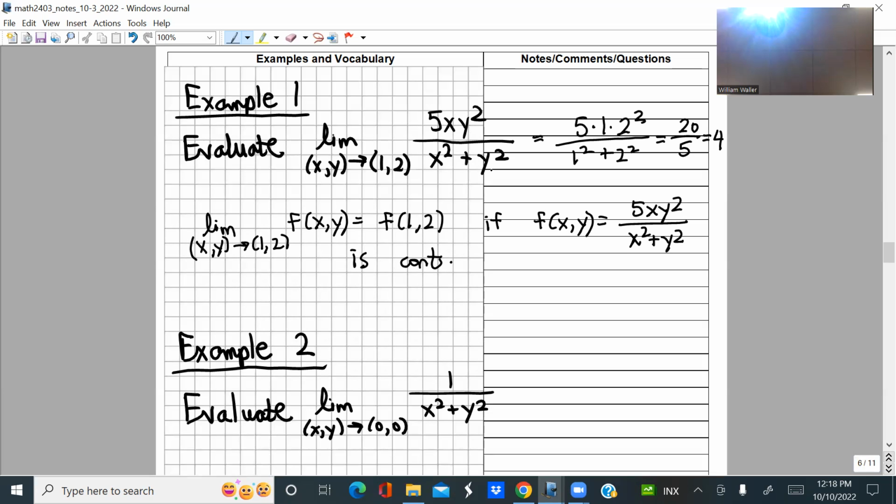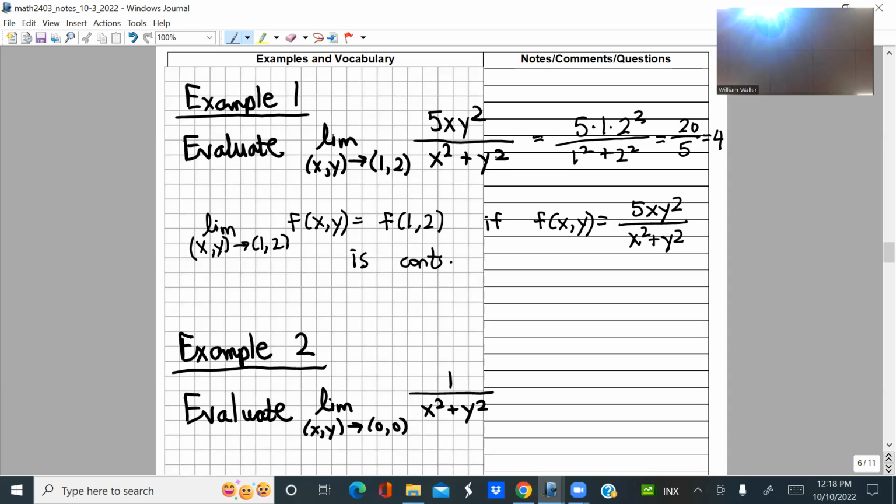We know from theory that rational functions are continuous everywhere in their domain, so be careful about the domain. Polynomials are also continuous everywhere in their domain. So if you have a polynomial function, you automatically know it's going to be continuous.